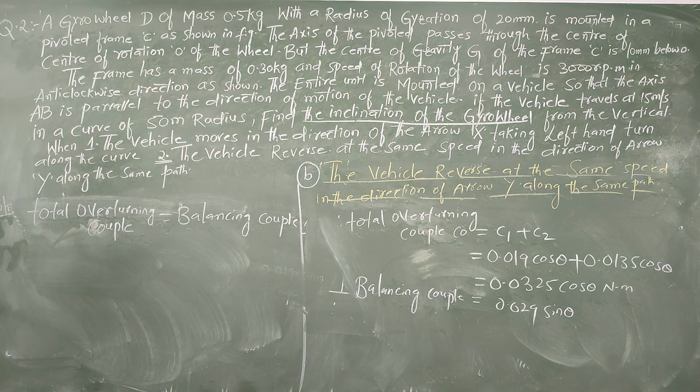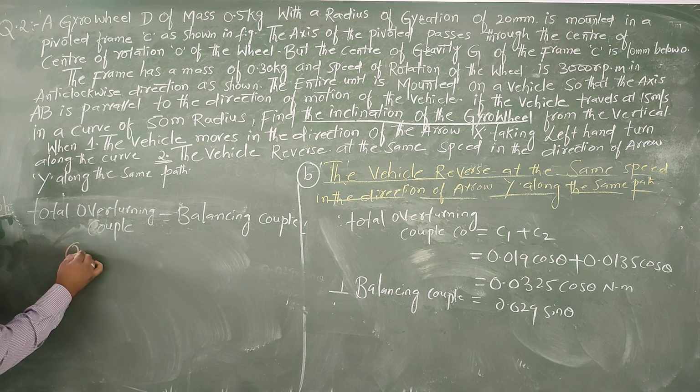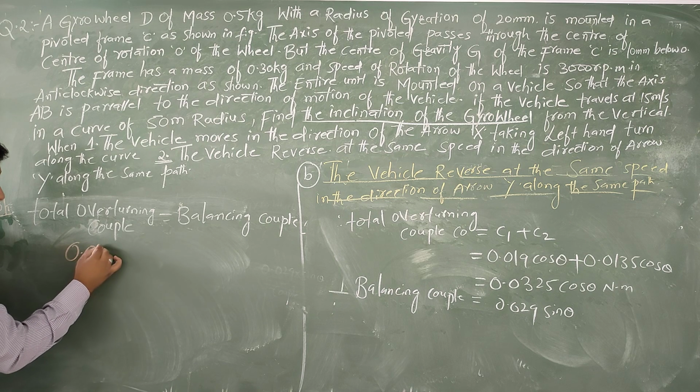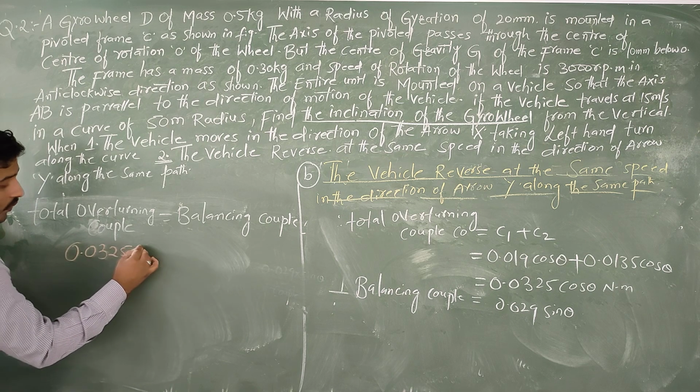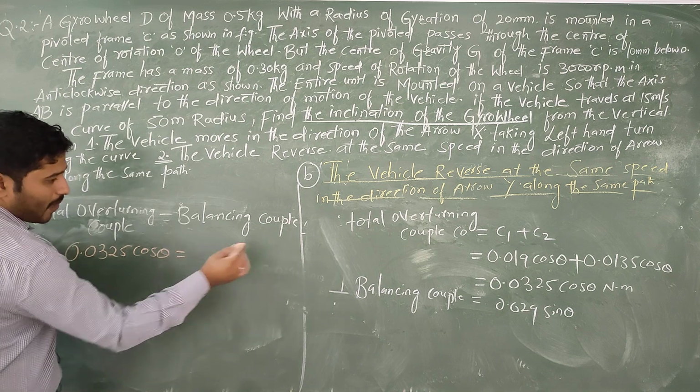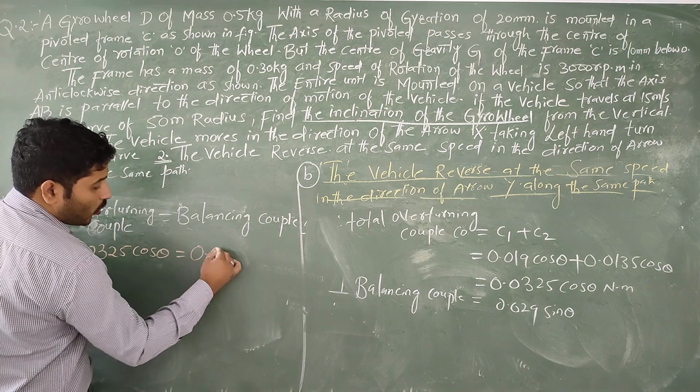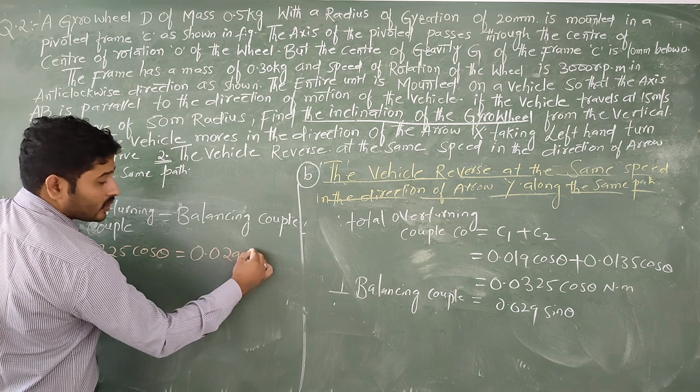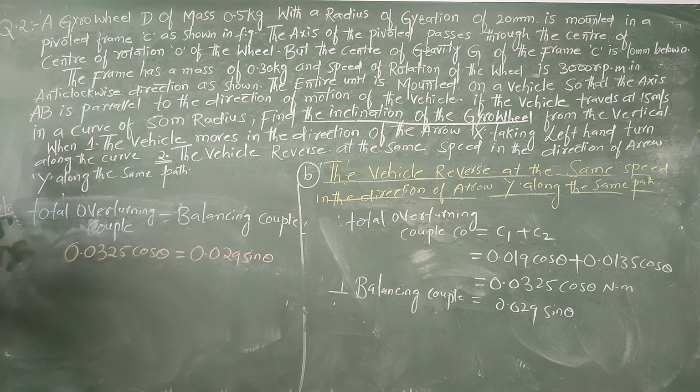Total overturning couple we got as 0.0325 cos theta. The balancing couple value is 0.029 sin theta. Then if you divide 0.0325 by 0.029, equal to sin theta by cos theta.